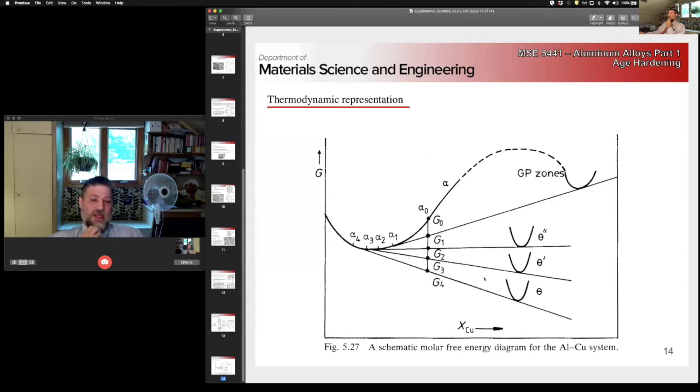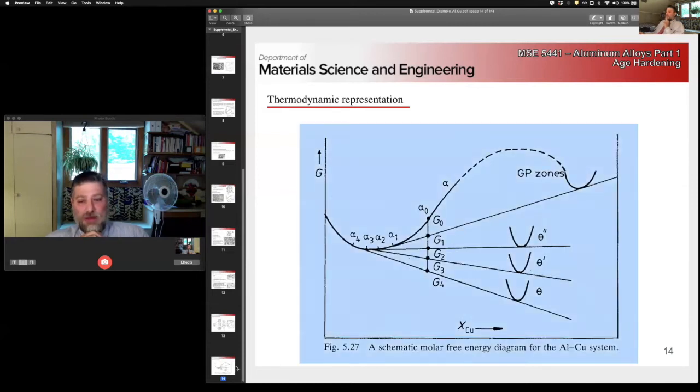Because the total amount of copper in the precipitates is going to be increased because it has to leave our alpha phase and go into here, right? So as our alpha becomes less and less copper rich, we're going to have a higher and higher volume fraction of precipitates.